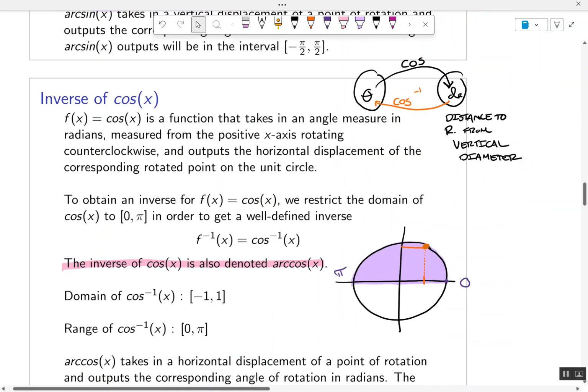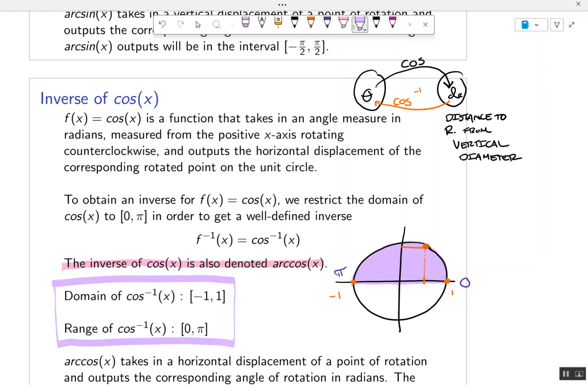With cosine, the biggest distance to the right is over here at 1 to the right. The smallest distance to the right is here at negative 1 to the right. And so my domain and range of cosine are going to be similar to before.